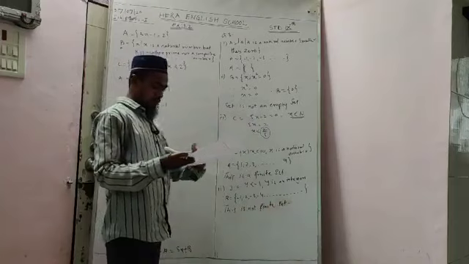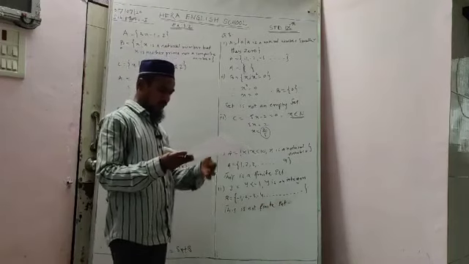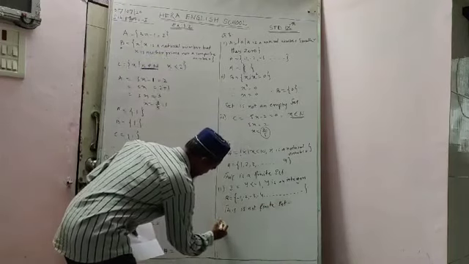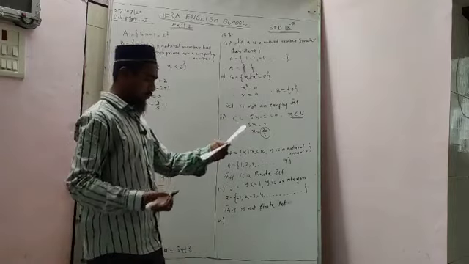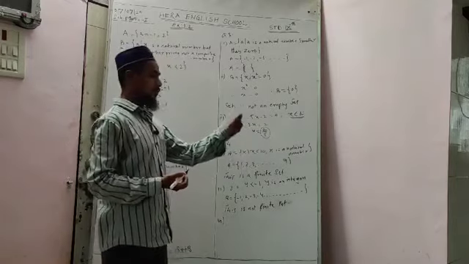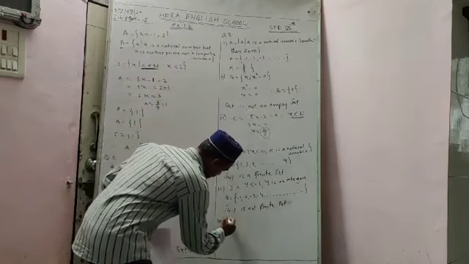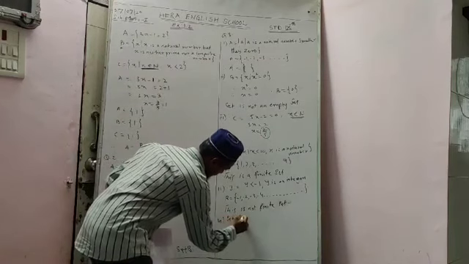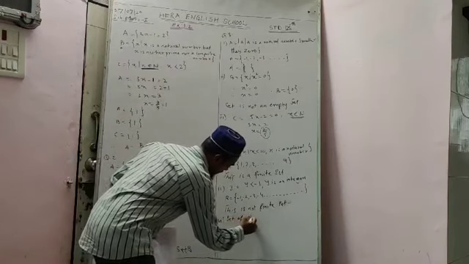Now like this all questions are there. Now see question number 6, what we have given. The remaining questions you will do for your good practice. Set of whole numbers is given. You know the set of whole numbers?